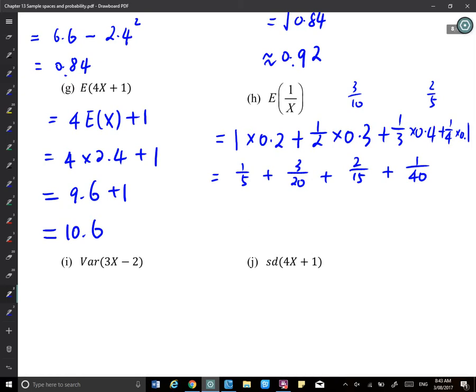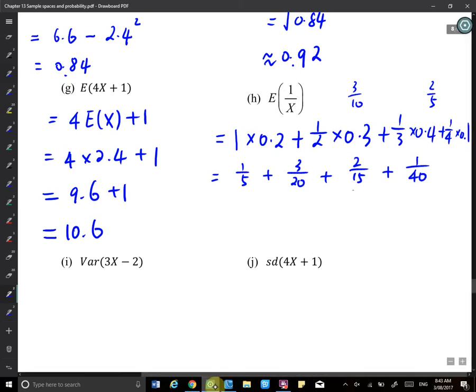Okay, so I'm looking for the common denominator. 120 will be the lowest common denominator.